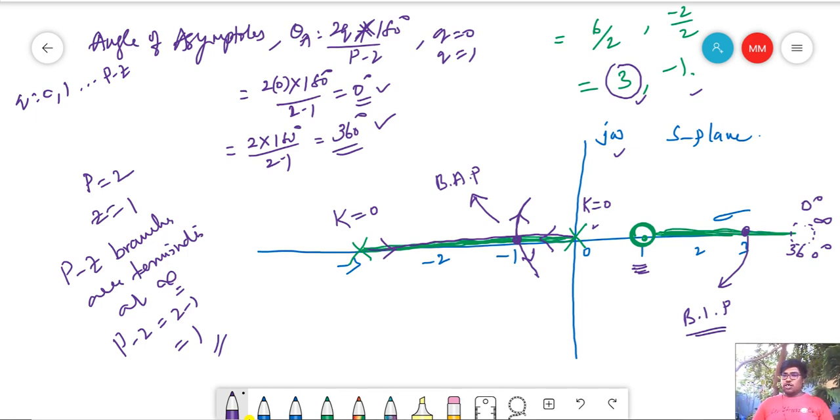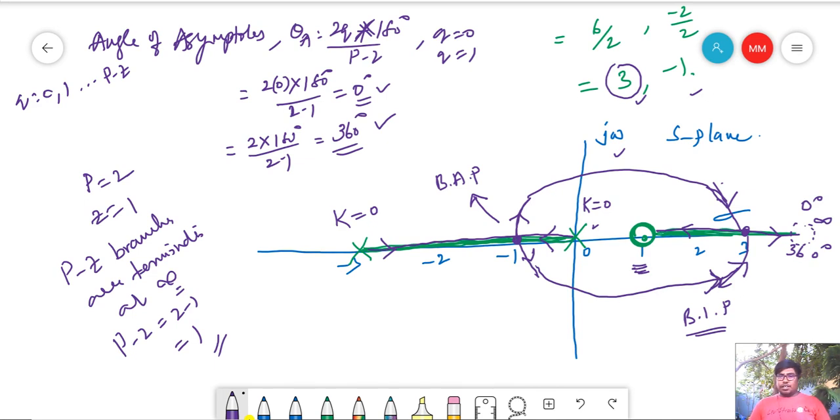One is the virtual 0 present here, another is the 0 from our transfer function, right? So I can say these two are moving like this. So the root locus is coming towards like this. One is going here to terminate, another is going to terminate at infinity where there is a 0, right? So this is our root locus.